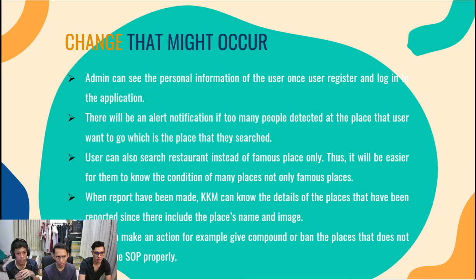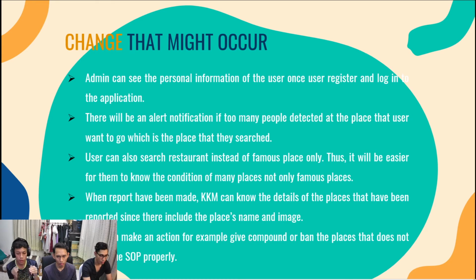And the second one, there will be an alert notification if too many people are detected at the place that the user wants to go, which is the place that they search. Before, in our previous mobile application, there was no notification, and now we have an alert notification.